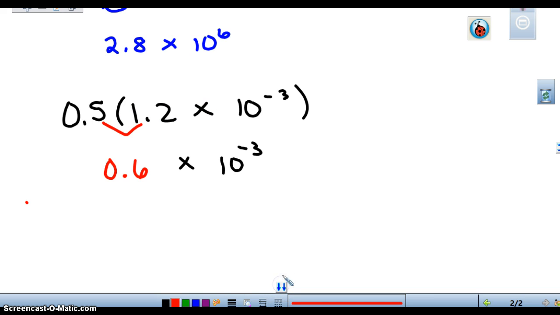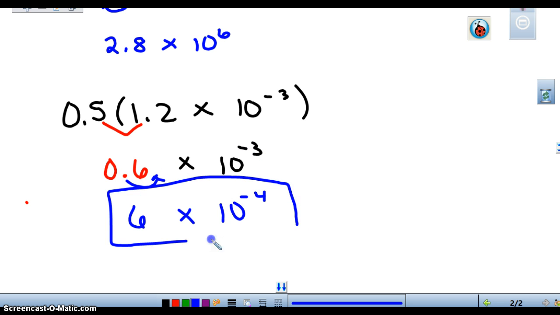Is this in correct scientific notation? We have to move the decimal to the right or to the left? To the right. This is 6 times 10 to the negative fourth power because we moved to the right hand side.